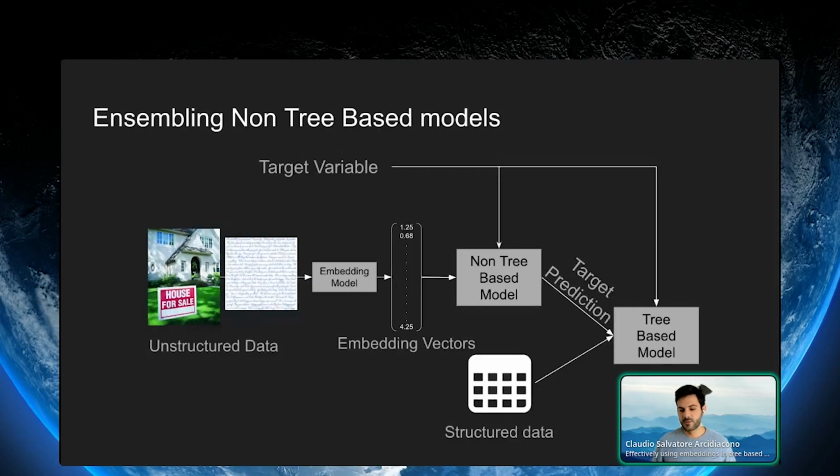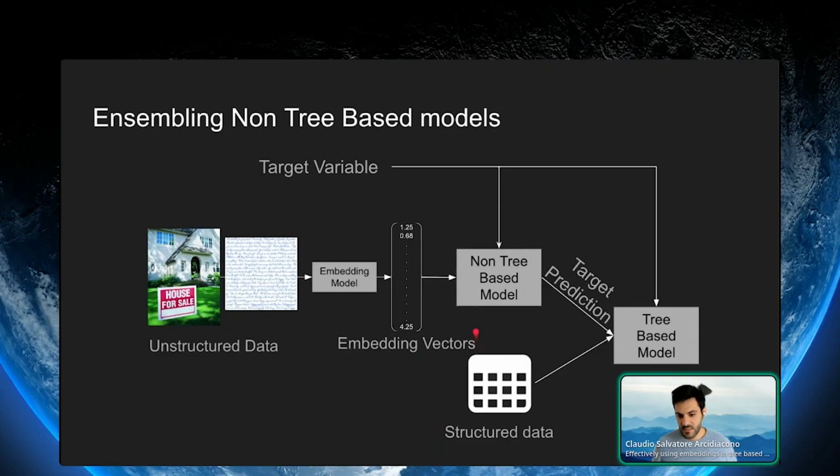The solution that I would like to suggest for how to include embeddings in tree-based models is essentially a stacking ensemble, a specific case of a stacking ensemble. And the way it works is what you see on the slide. You would start from the same setup that we had before, in which we convert unstructured data into structured data, into embedding vectors.